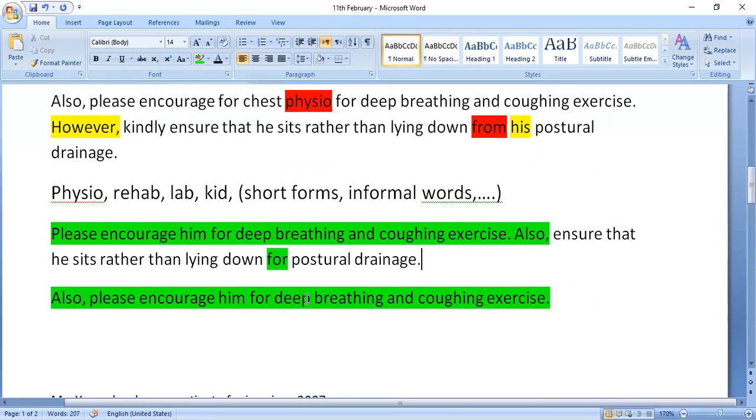Please encourage him for deep breathing and coughing exercise, and ensure that he sits rather than lies down.